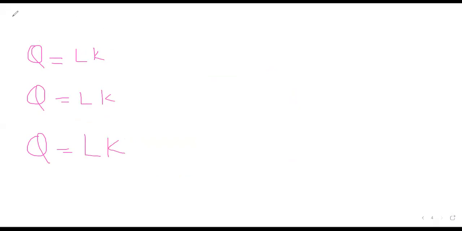So this function can have a power, alpha and beta there. So if you have 0.5 and here 0.5, so when alpha and beta sum to 1, this means that we have what? Constant returns to scale.